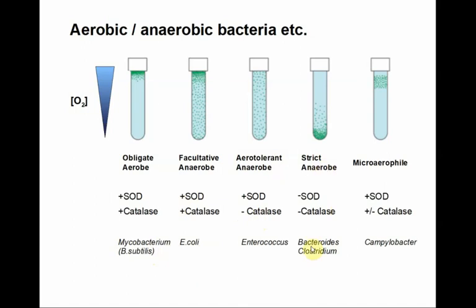So this leads up to the question of how do you study these strict anaerobes? Because when I was talking about identification of bacteria, all the techniques start with an isolated colony on an agar plate.